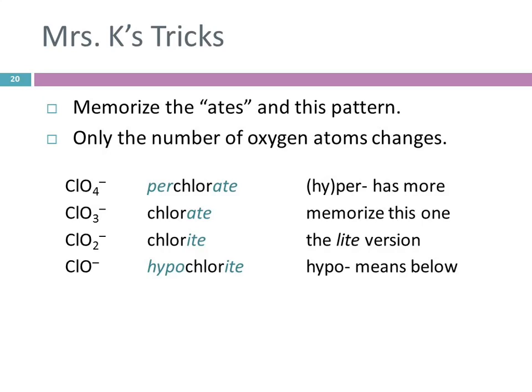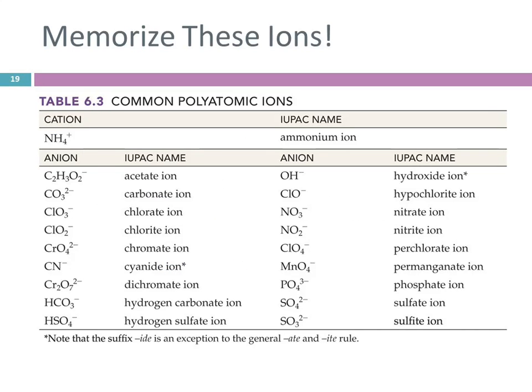So one of my tricks for some of these ions is to memorize what I call the ates. So let's go back to this for just a minute and find the ates. There's carbonate, chlorate, chromate, nitrate, and sulfate.